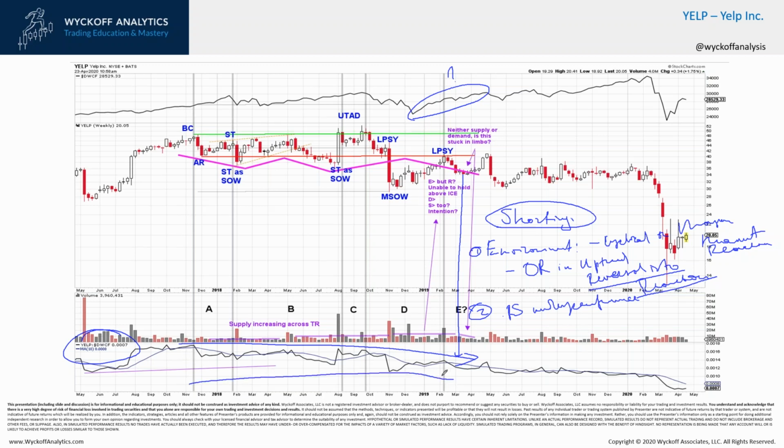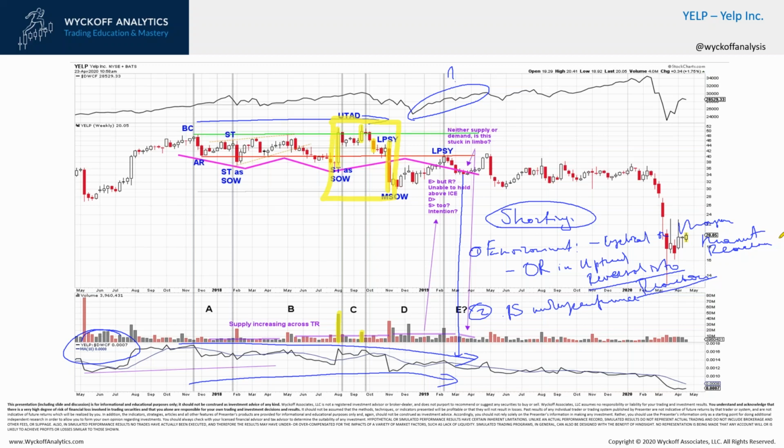It lasted for quite some time. So there is a depressed presence of institutions in this particular stock. They've been selling the stock for some time, especially here into the strength. We could see this from this bar. Then another attempt to go up, another selling, and then some selling on the way down, and then capitulation. So they really got rid of the stock right here. And we'll go through this area in a second.